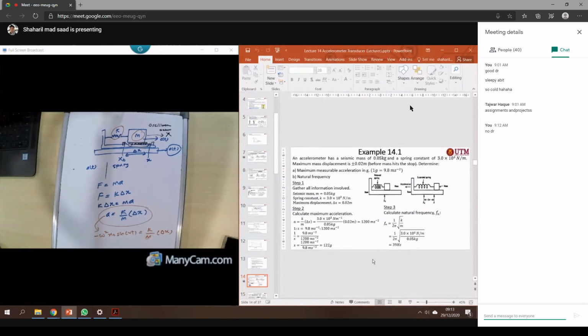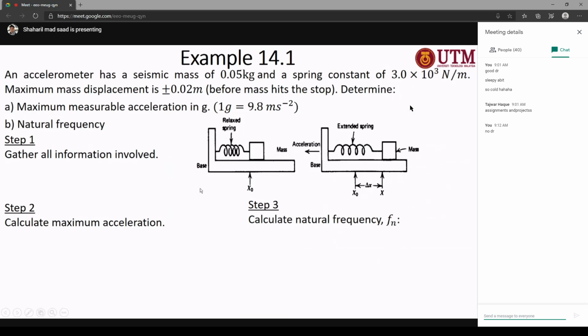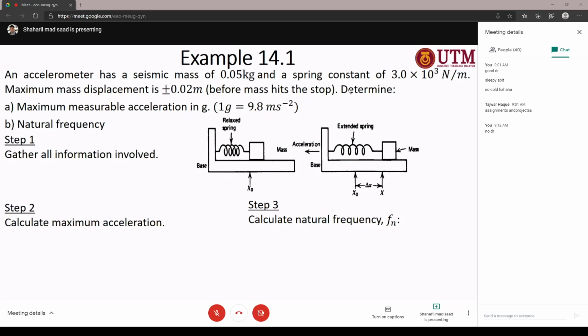Alright, so example 14.1 is quite simple. An accelerometer has a seismic mass of 0.05 kg and a spring constant of 3.0 times 10 to the power 3. The maximum mass displacement is plus minus 0.02 meter before it hits the stop.